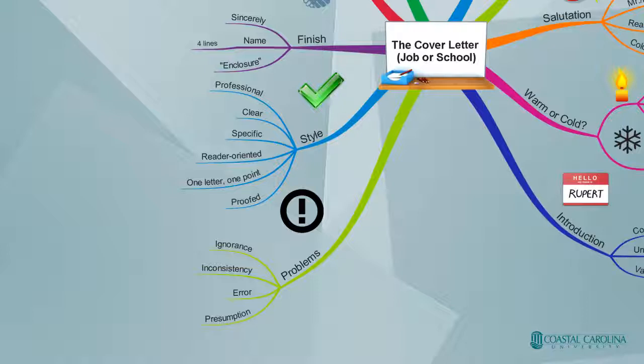Any error on your part, either grammatical or factual, is problematic, especially when you think about it. If this is for a job that requires writing, and certainly if you're applying for a graduate program in English, you don't want to be in error because your work is going to involve a lot of writing.